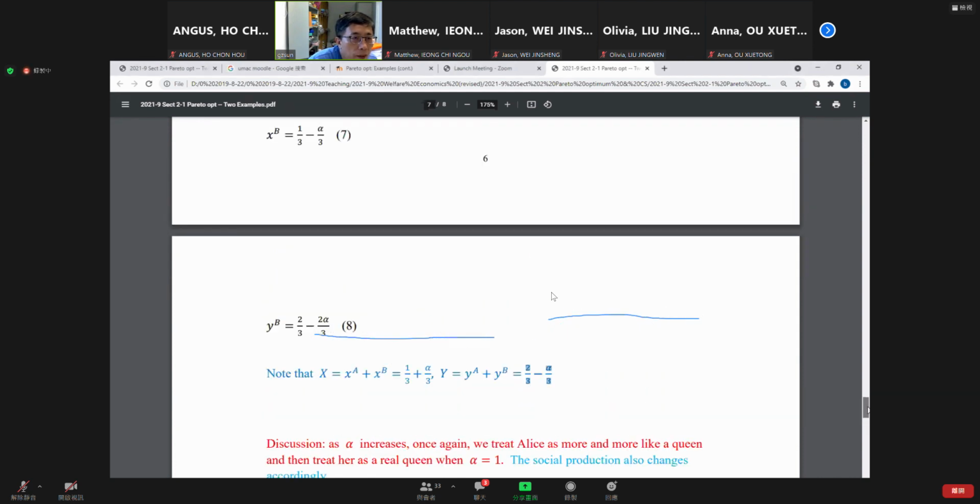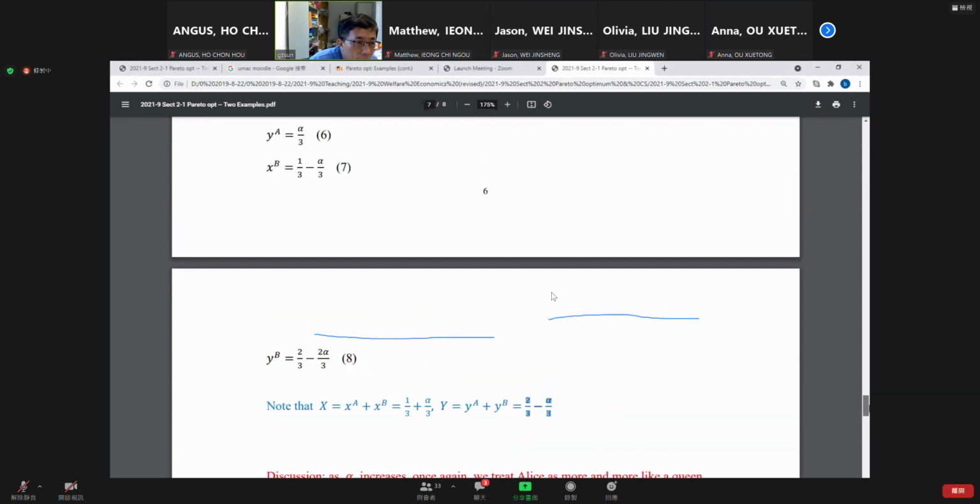Look, when alpha equals 1, what happens? This term equals 0. What does that mean?